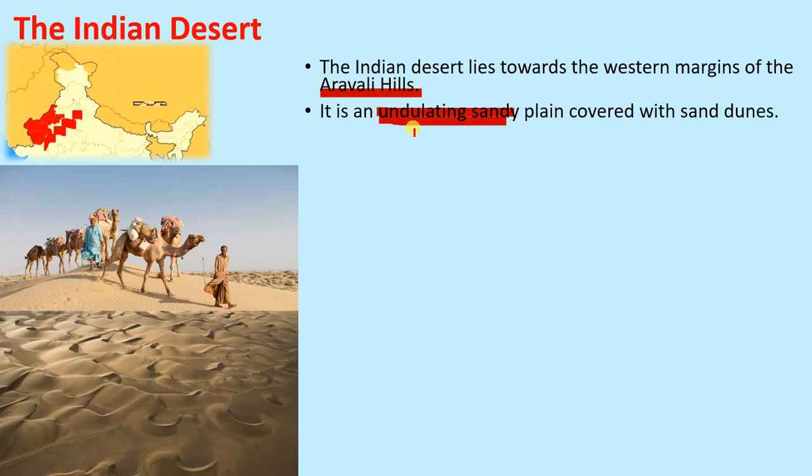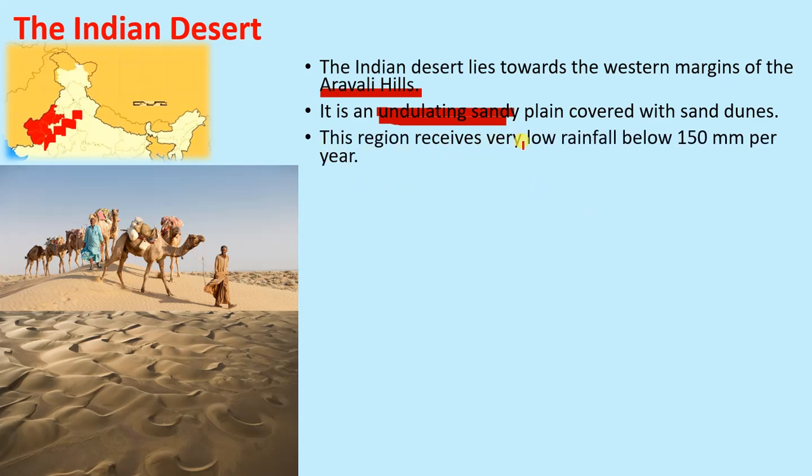Undulating means an up and down movement kind of feature is created by these sand dunes, or you can say the desert. Here in this picture also you can see that the land is not uniform. Somewhere it is creating a plateau-like region, or there is up and down movement on the surface.